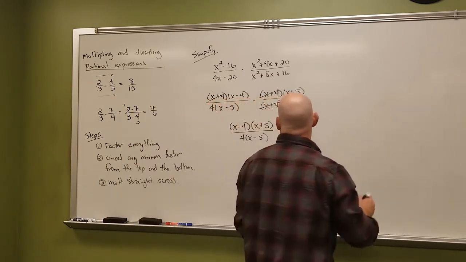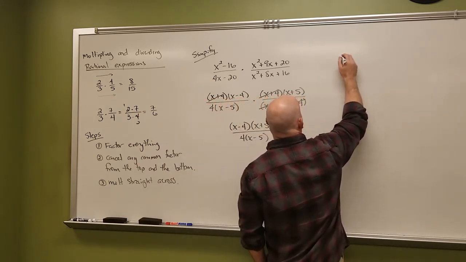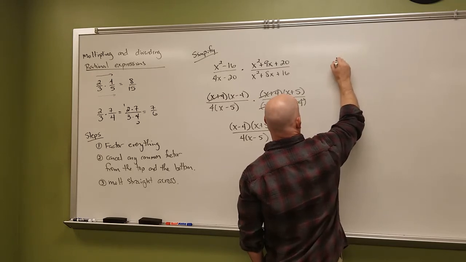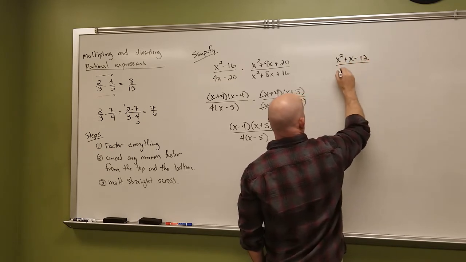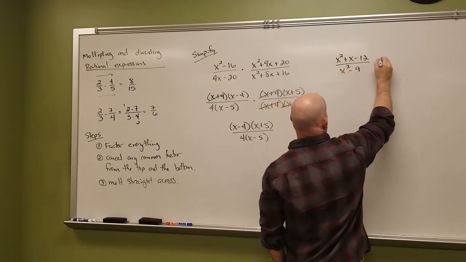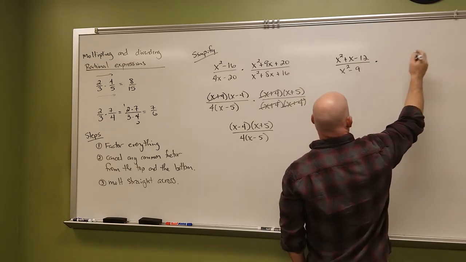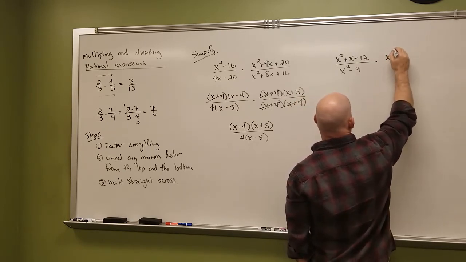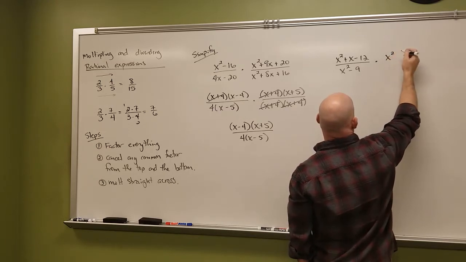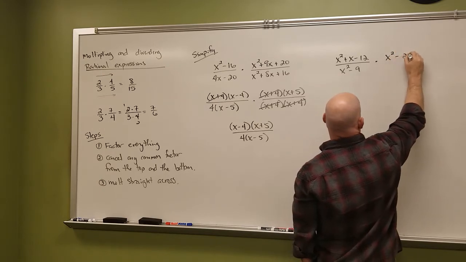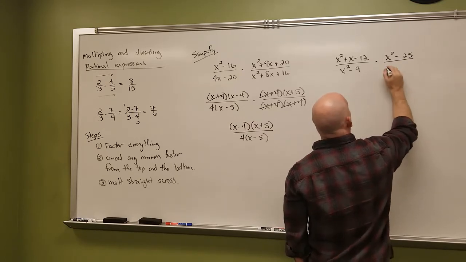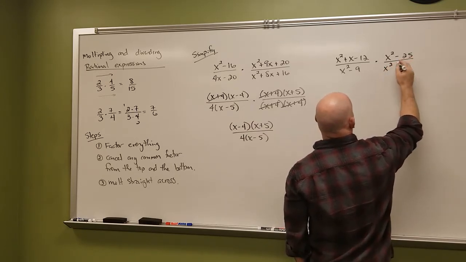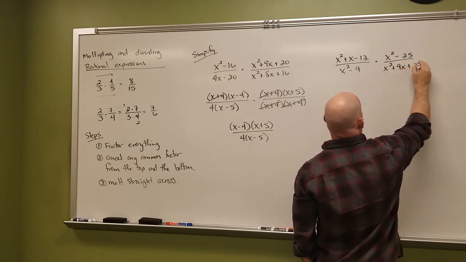All right, let's try another one. Let's say I gave you x squared plus x minus 12 over x squared minus 9, times, how about x squared plus 9x plus 20 over x squared plus 8x plus 16 again, since we just did it, this will make it a little bit easier.